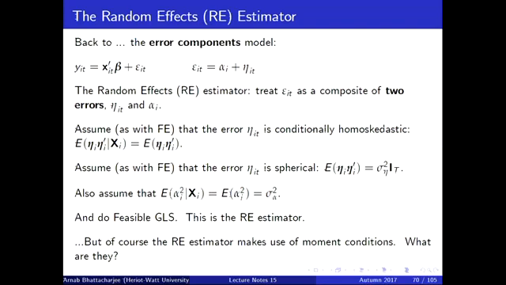First of all, we assume that our eta_it, the error term, is conditionally homoscedastic. Similarly, as with fixed effects, the error term is spherical. Assume that as well.